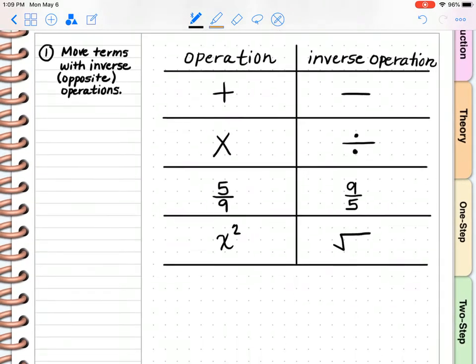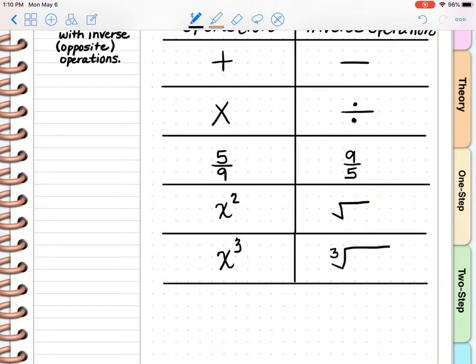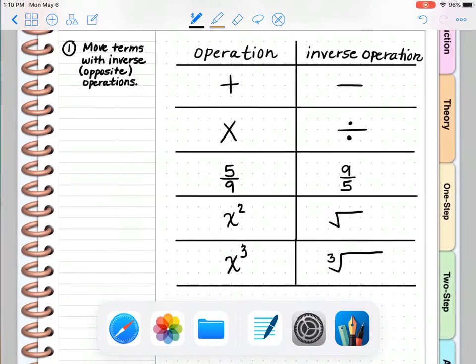And I did think of another one, so I need to extend my line just a little bit and make a space here. If your operation is any number to the third power, your inverse is the cube root.